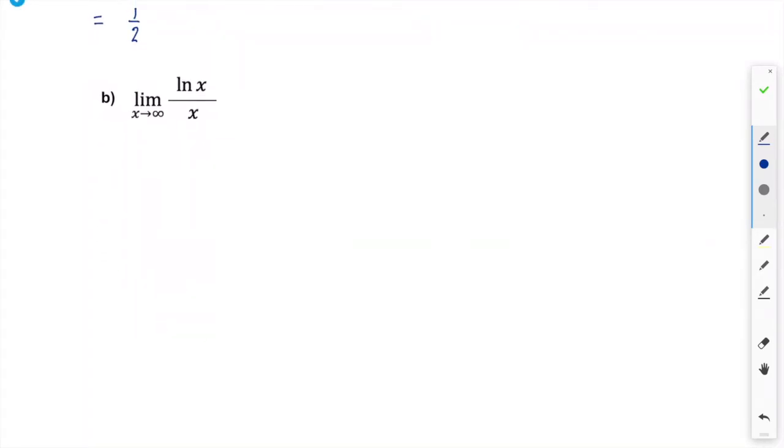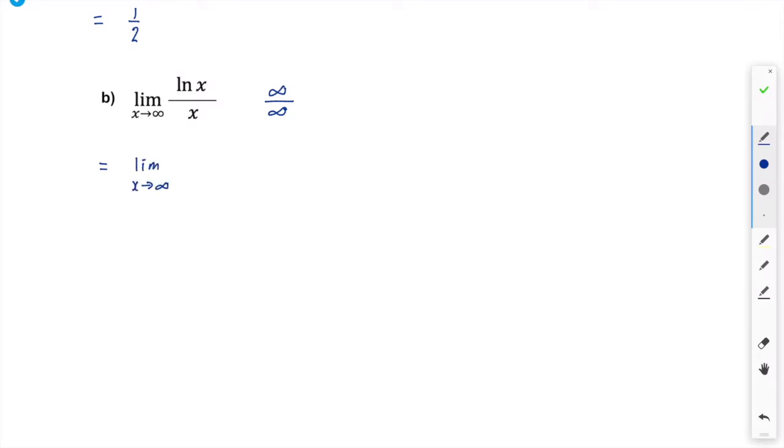B. Here we have the limit as x approaches infinity of ln x over x. What do you think? Ln of x near infinity is infinite. x is infinite. Again, we have indeterminate form.